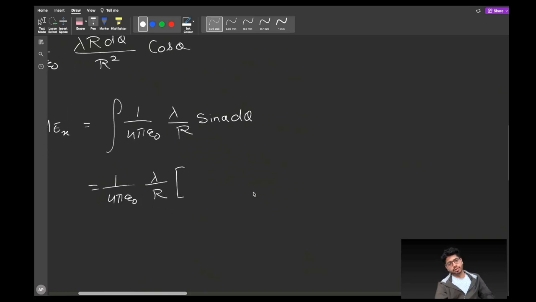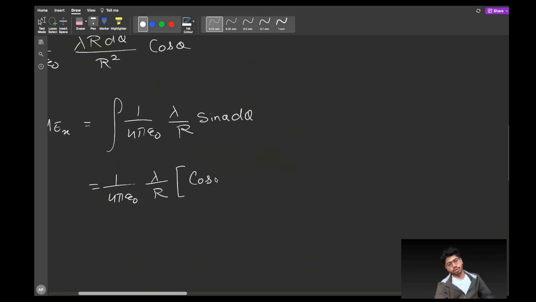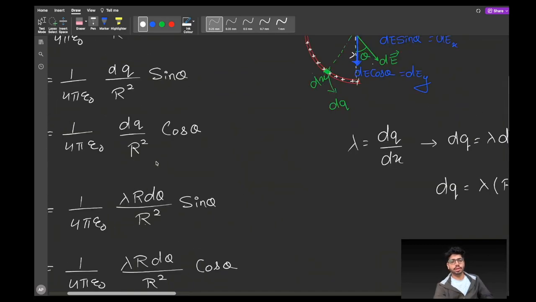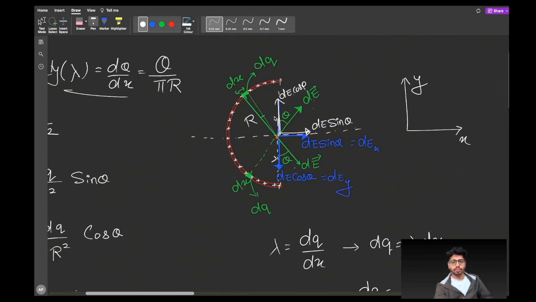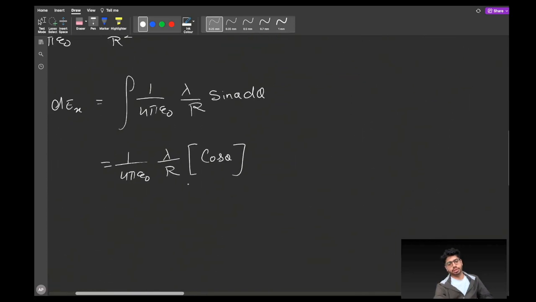The integration of sine theta is going to come out to be cos theta. And what will be the limit? Let's figure out the limit. This is the theta that I've taken. This theta is from 0 to 180, because that is a semicircle. So that is pi, meaning that theta is going to go from 0 to pi.